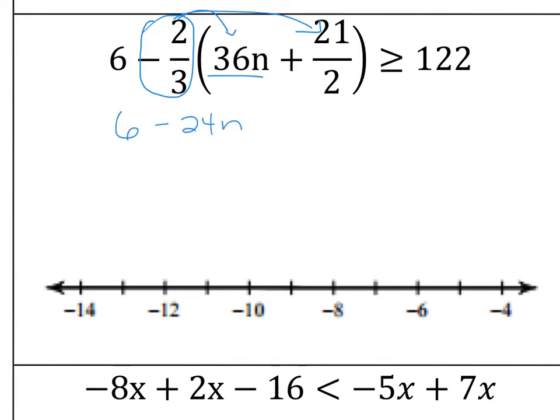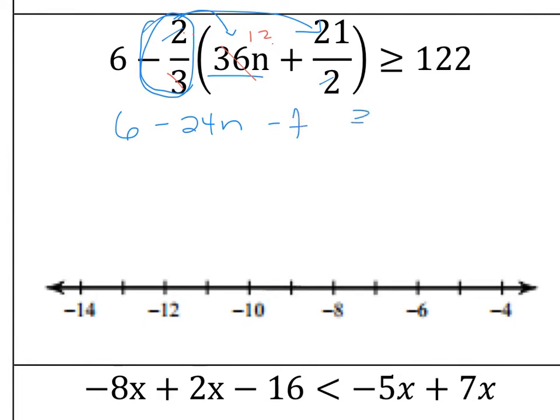So let me show you again. 3, this will be 12. And 2 times 12 makes negative 24n. And then we need to multiply negative 2/3 by positive 21 over 2. So that is also a negative. 2 cancels out, and 21 divided by 3 is 7, so negative 7.